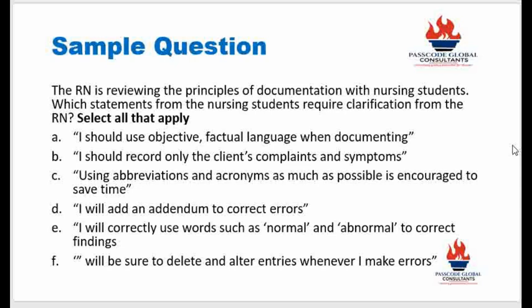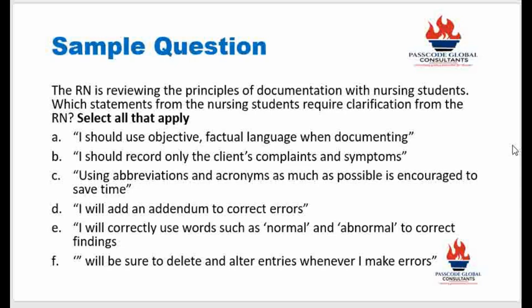We are looking for the bad answers, the options that should be clarified by the RN, the bad options which the RN must correct. In other words, which options should the RN correct? Or which options should the RN give further information about?